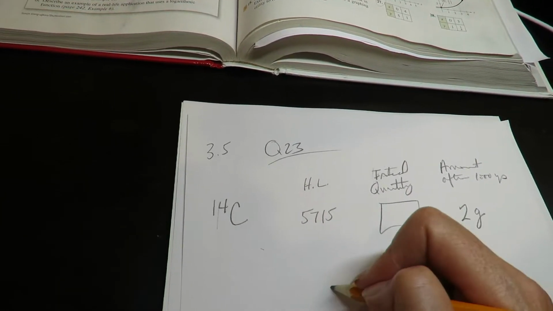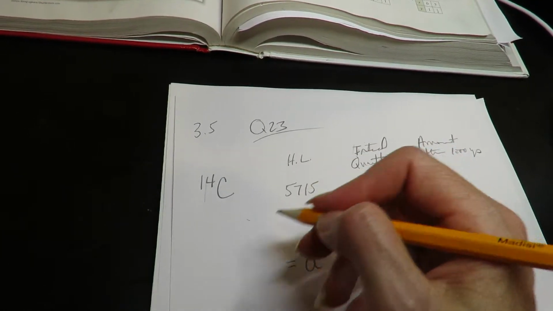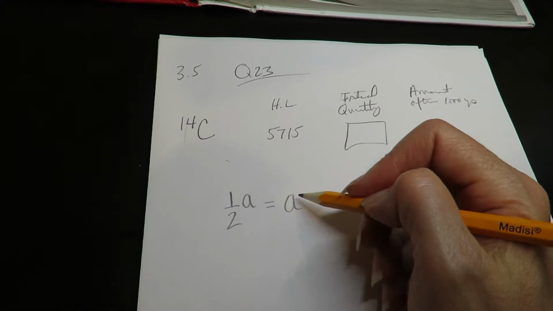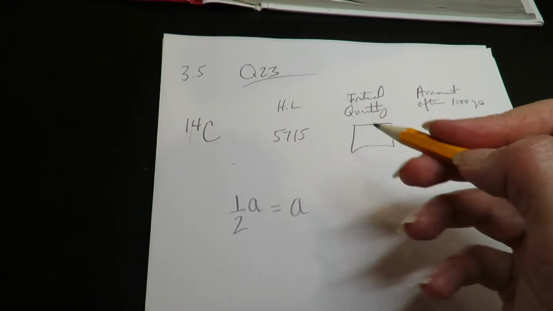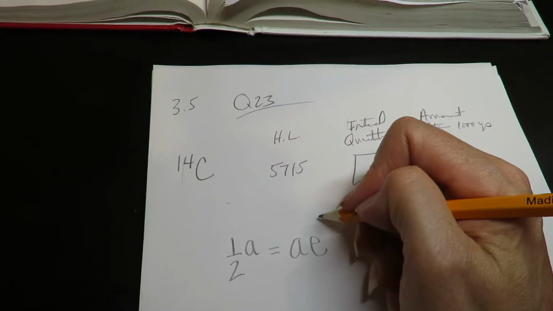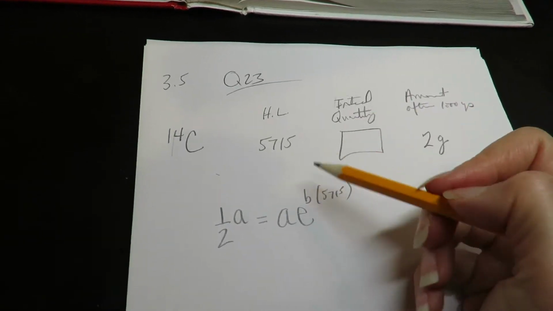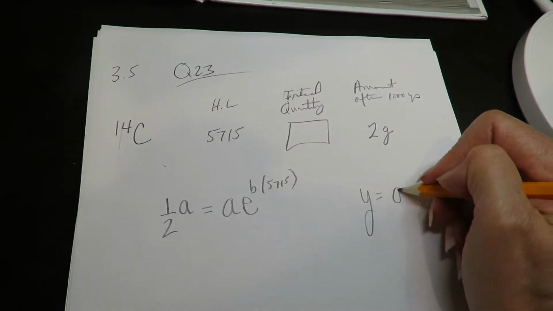If I say that I start with an initial amount of A, then after the half-life occurs, I should have half of A. And I know that sounds really weird, but that's how you're going to start this. So if I start with A, then after this amount of time, and let me just make sure I'm being clear on the formula.